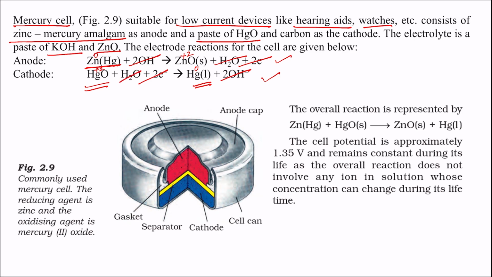The final reaction is zinc mercury amalgam plus solid mercuric oxide forming solid zinc oxide plus mercury in liquid state.